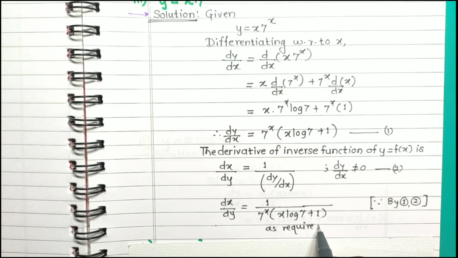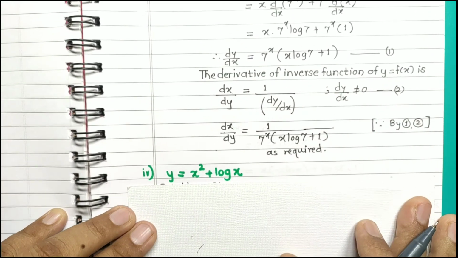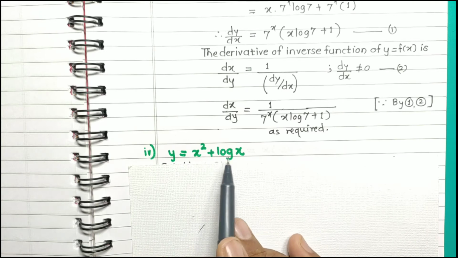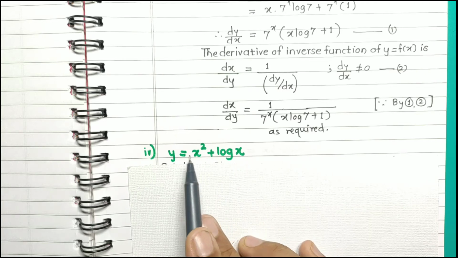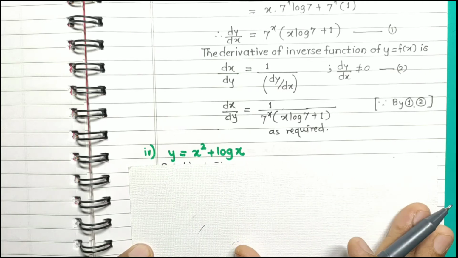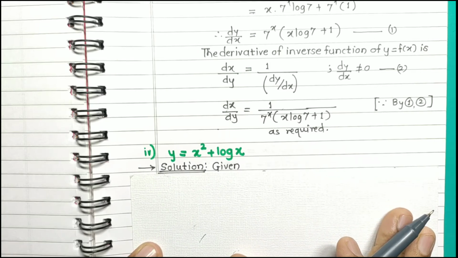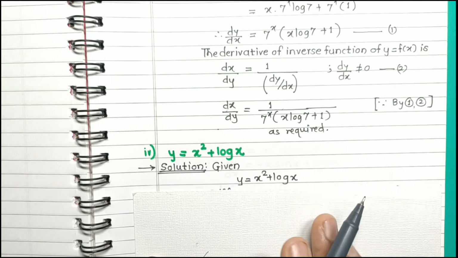Then the next function is y is equal to x square plus log x. So for this again we need not find the inverse of this function. To find its derivative we are going to use the derivative of y. So let's find the derivative of y, and it's easy. Given function y is equal to x square plus log x.